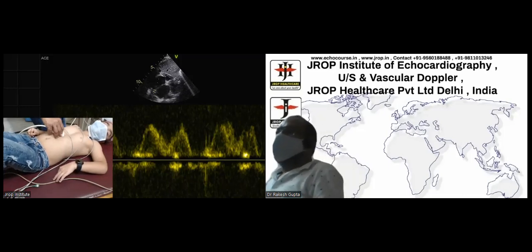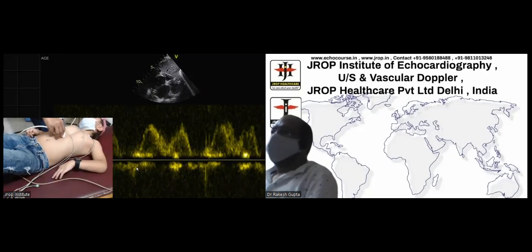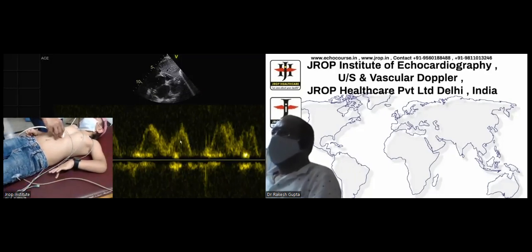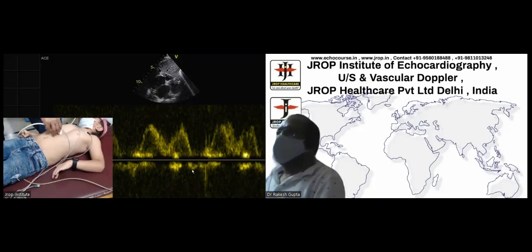And look, it's a continuous flow. It's not restricted to systolic or diastolic. This is systolic forward flow. This is diastolic forward flow. And this will change a lot with respiration every time. It's not that it will be without respiration. And this is a small reversal seen over here.